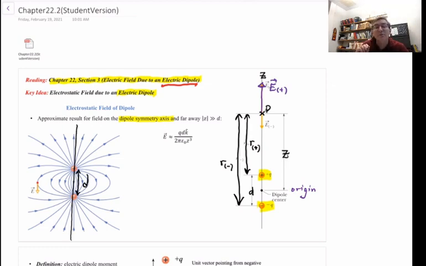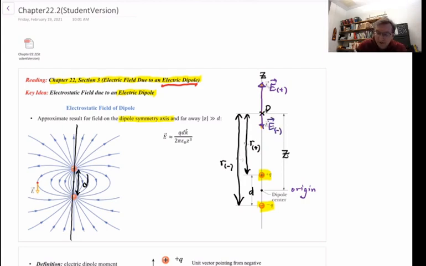Now the contribution to the total field at P from the negative charge, first of all, will be smaller in magnitude than the contribution from the plus charge. You see why? Because the negative charge is farther away from point P. And it points in the negative z direction. Do you see why? Because the contribution from a negative charge for the field points towards the negative charge. So that's this arrow right there that the author labels E minus.